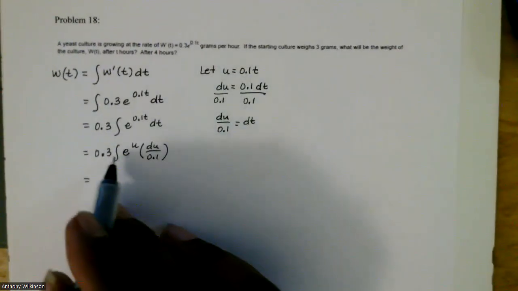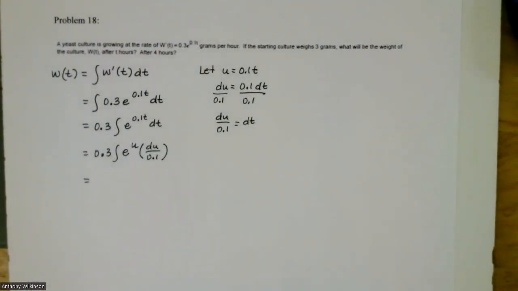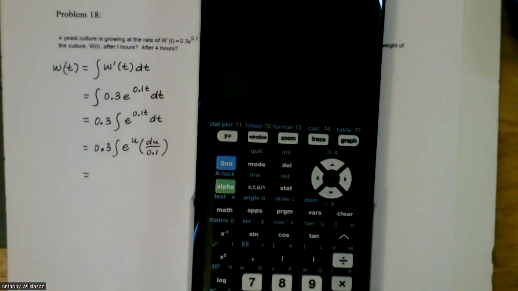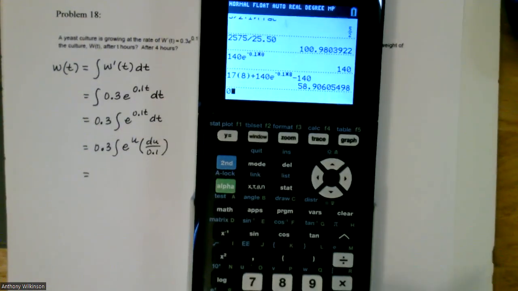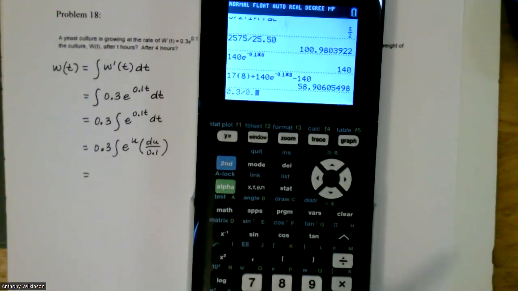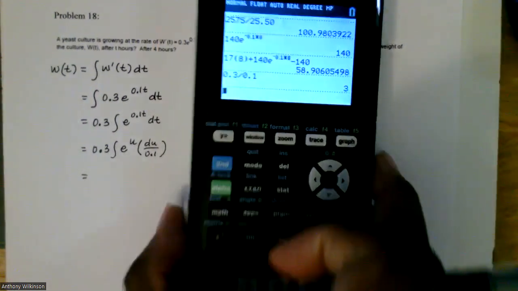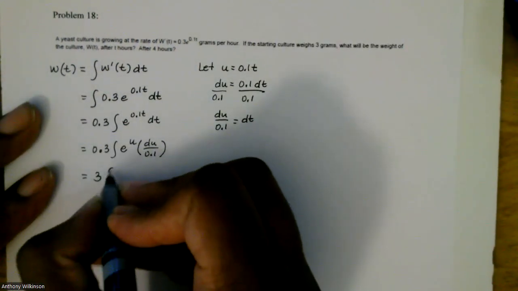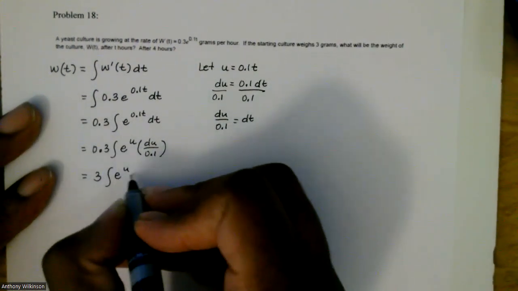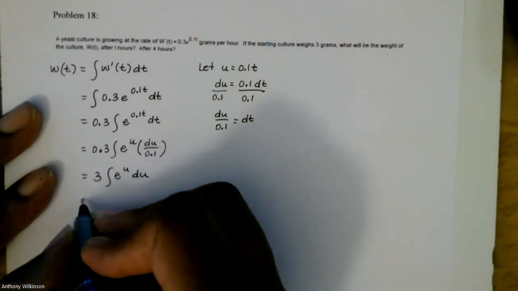Now, if I do 0.3 divided by 0.1 in the calculator, that would give me 3. So this will be 3 times the integral of e to the u du.